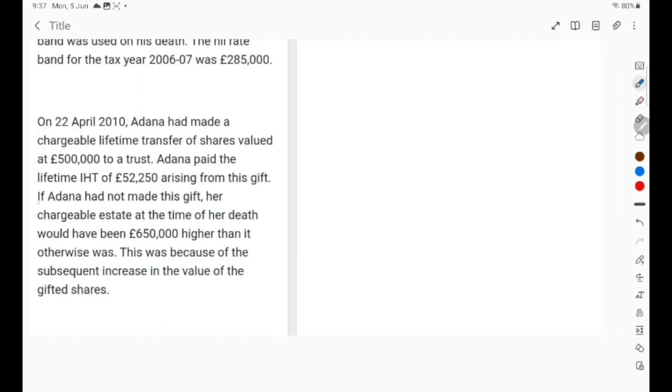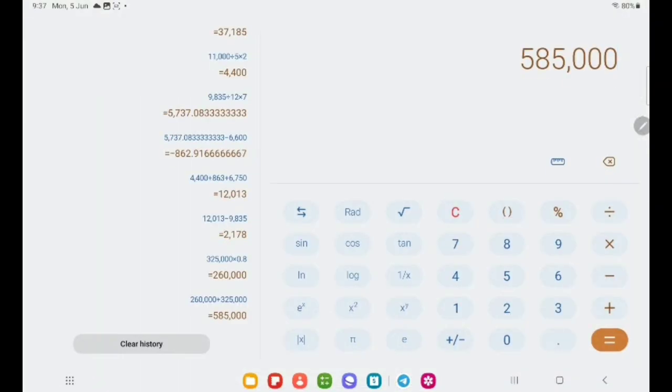So here is the answer. If Adana had not made this gift, her chargeable estate at the time of her death would have been 6,50,000 higher. And if it is 6,50,000 at the time of death, the tax is charged at the rate of 40%. So what is 40%? This is 2,60,000.